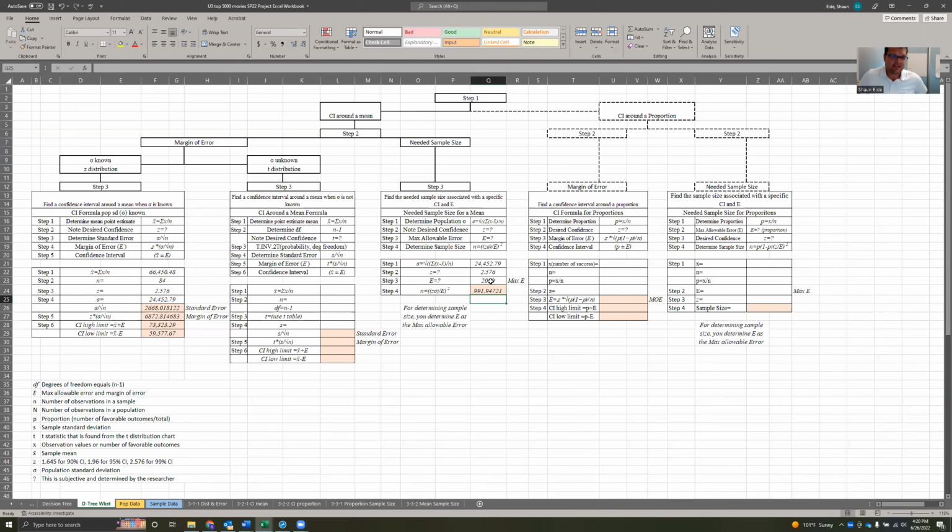I would just say sample 1,000 at minimum. But on the exam, you would put 992 as your needed sample size in order to have a maximum allowable error, or a margin of error, of 2,000. And so that's how you would go about doing that.